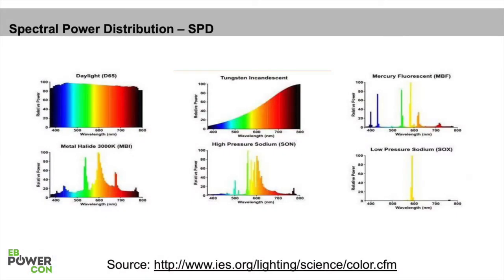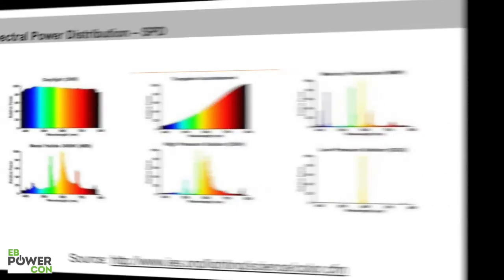If I show you the spectral power distribution curves for other light sources, you could see that some of the light sources are missing good pumps of certain colors. So for example, the first one is a daylight version.